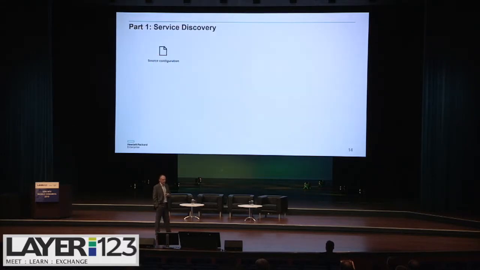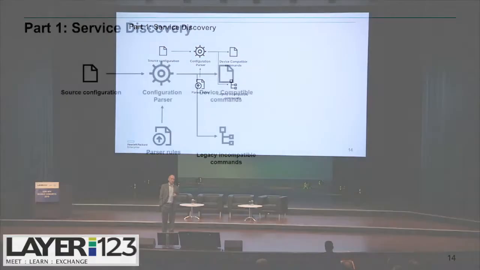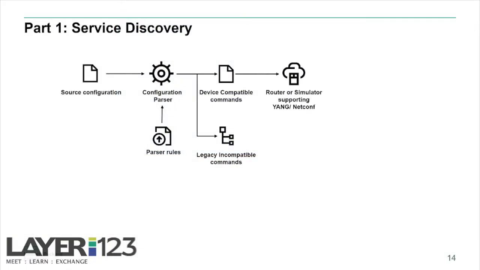So what do we do? In the first step, we pull out the source configurations. We run it through a configuration parser, and we create two files. One is the device-compatible commands and one which are incompatible. Then we run it through current generation systems and translate it into Yang models.